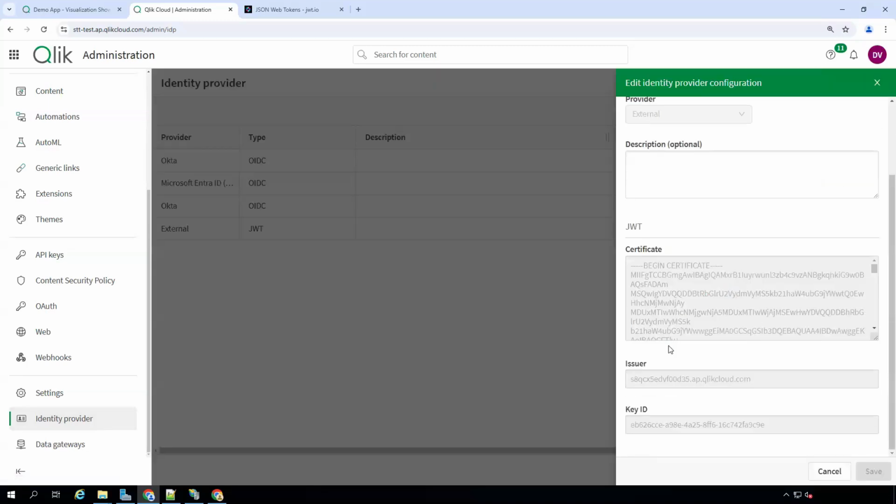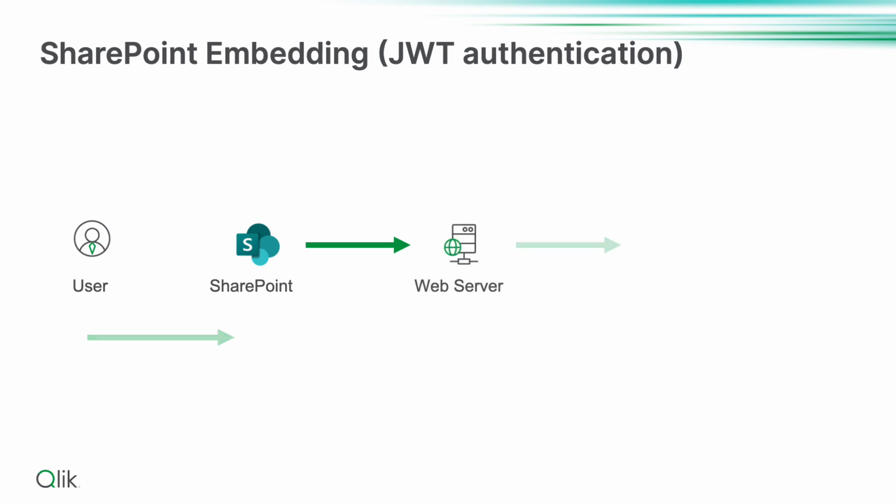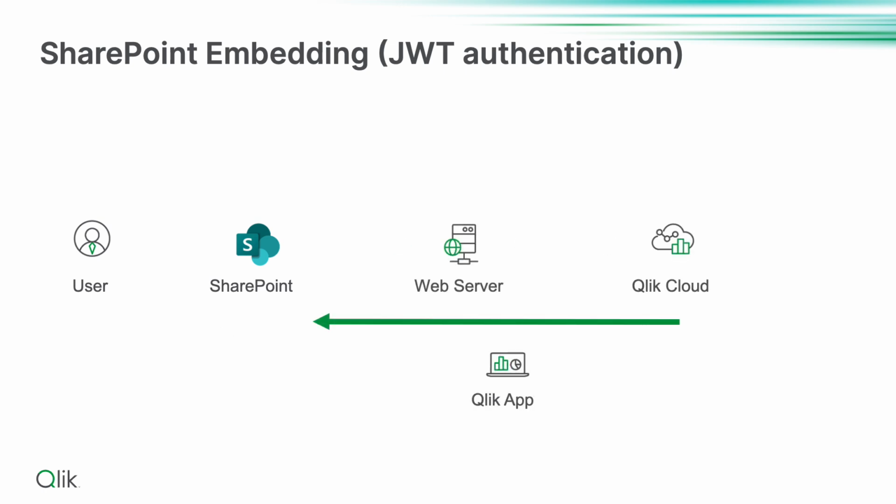Okay, so this tenant currently uses JSON Web Token authentication. So all the users are authenticated through a web server. Is that right? Yes, we are gonna place our authentication page on the web server, and that's gonna handle the authentication part. Then it's gonna redirect the page to the actual sheet that we want to see embedded into SharePoint.